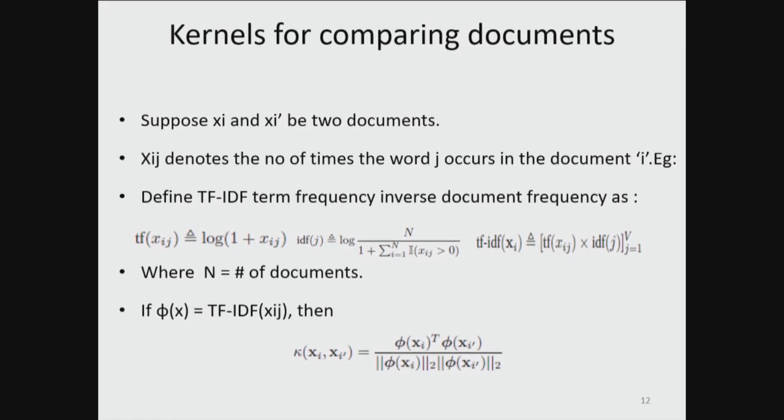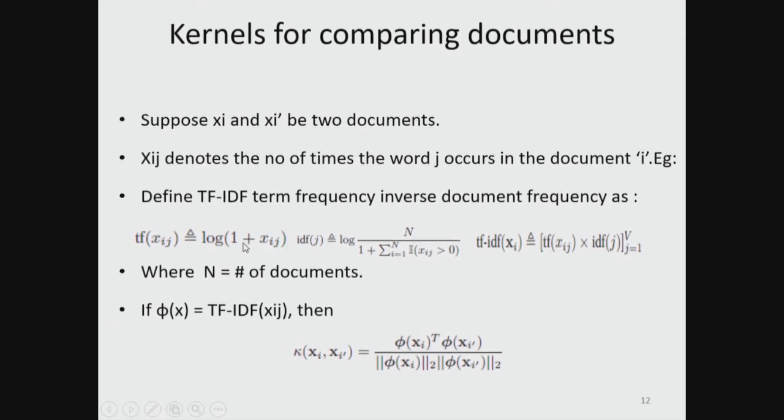Then here we introduce two different terminologies, term frequency and IDF. Term frequency, TF, and IDF stands for inverse document frequency. Having this xij, remember xij is nothing but the number of times the word j occurs in the document i.